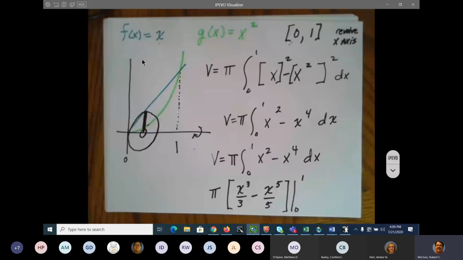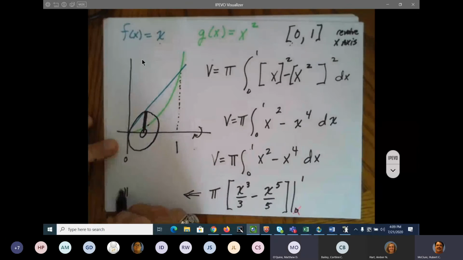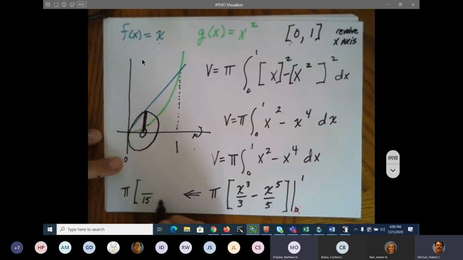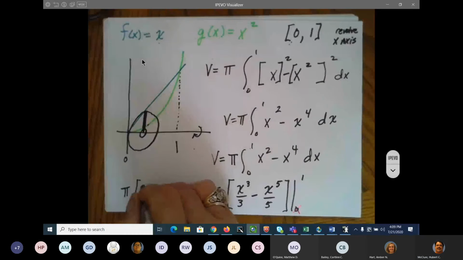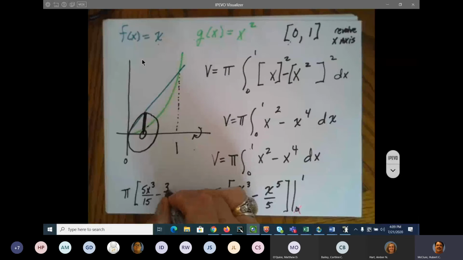And the 0 goes out. And that's going to be pi times 1/3 minus 1/5. Well, I'm going to change that to 15 and 15. 3 will go into 5 how many times? 5 times, so 5x to the 3rd. 5 will go into 15, 3x to the 5th.